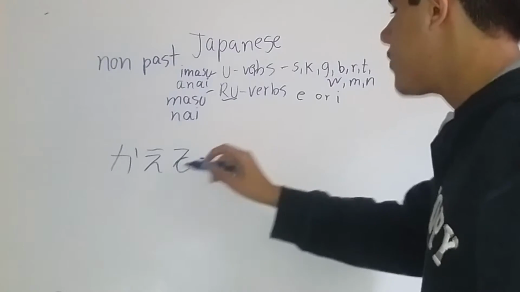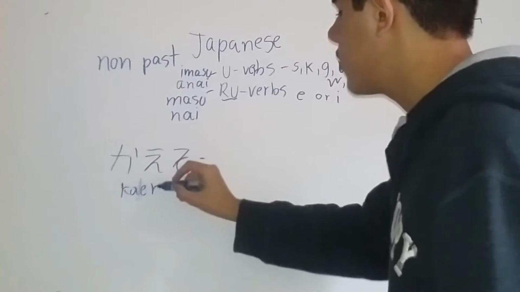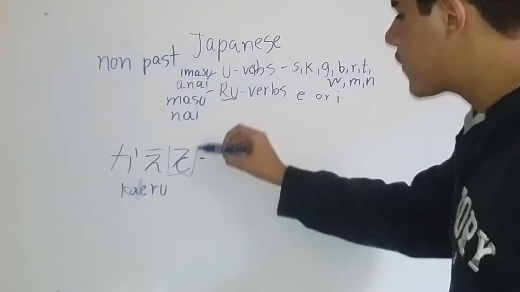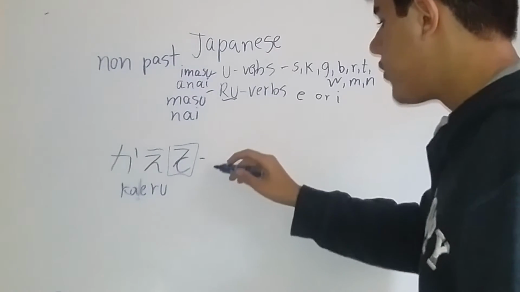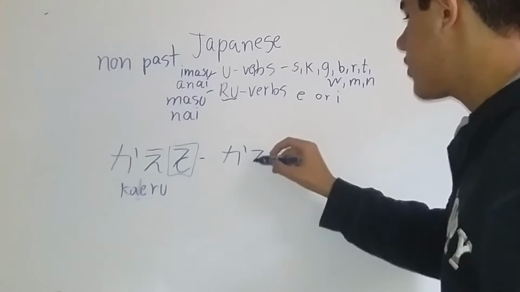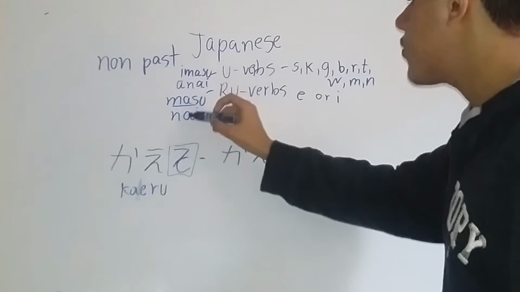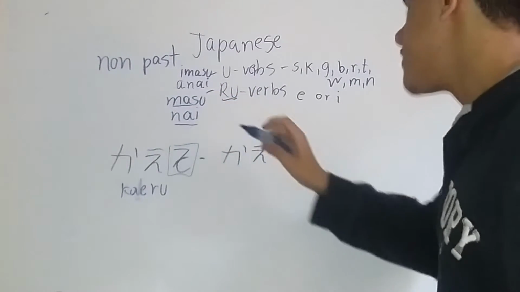To conjugate this verb, we take the ru part, and we remain with kae. And we put the part masu for the positive sentence, or the negative sentence.